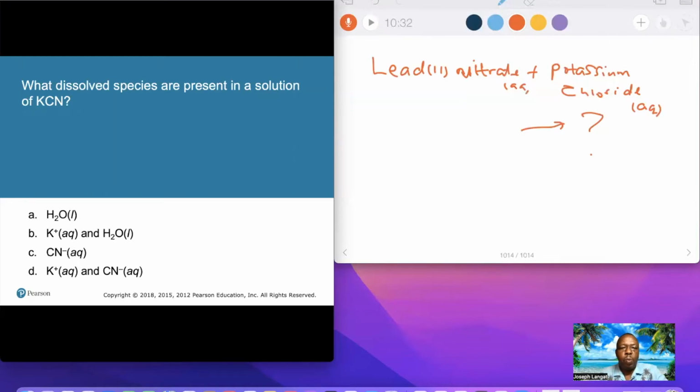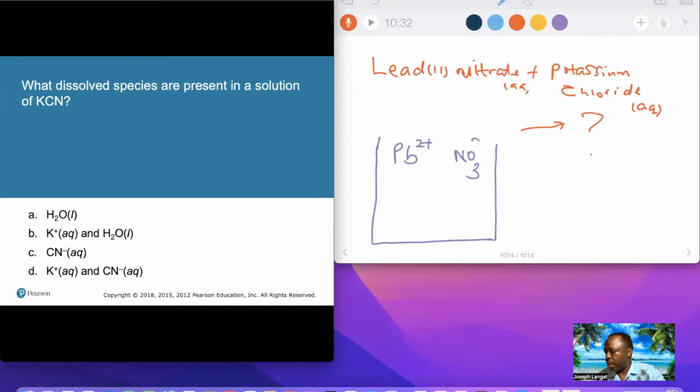how will you know which one is the product in this example on my whiteboard? It's assumed that this is what you will do. When you mix the two reagents, where you have lead, you write the cations plus nitrate, the polyatomic ion.